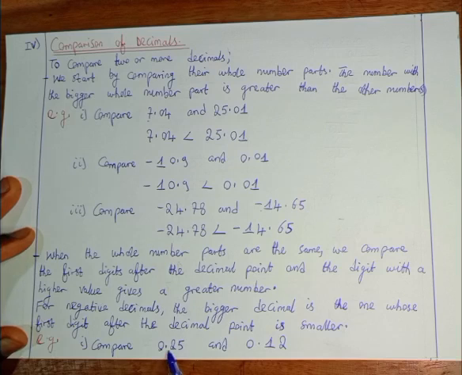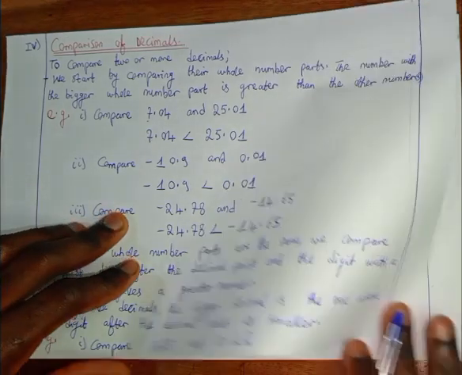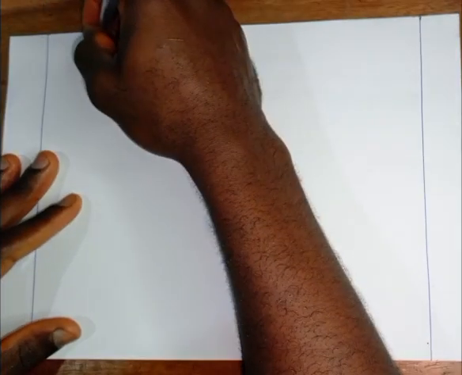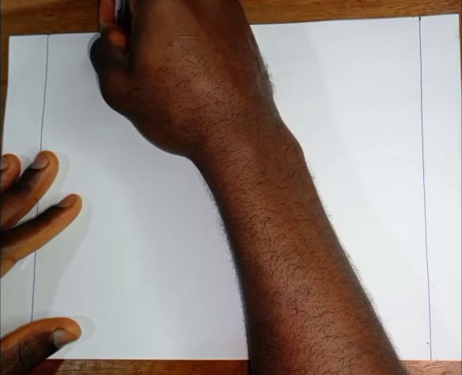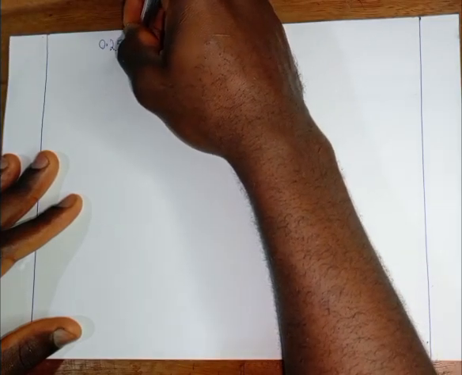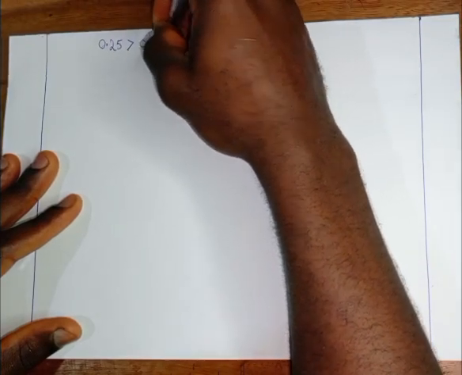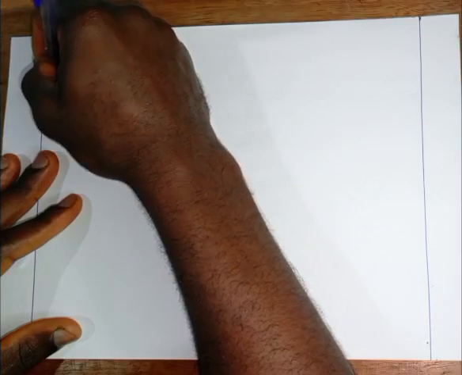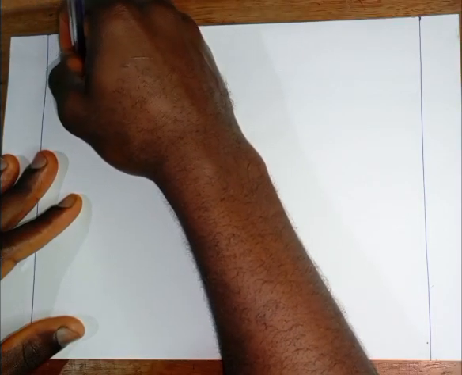So we are going to compare the first digits after the decimal point. 2, 1. We know 2 is bigger than 1. Therefore, 0.25 is greater than 0.12.